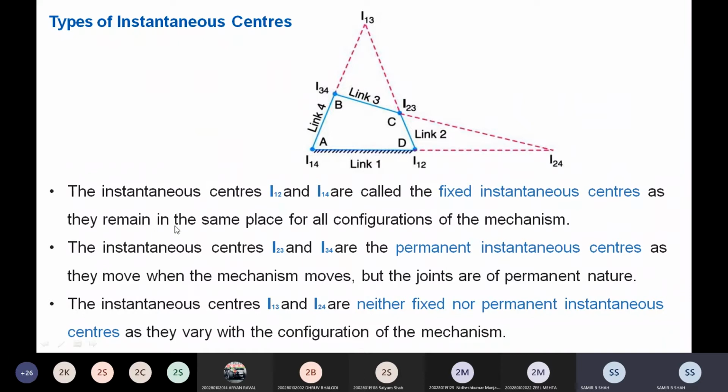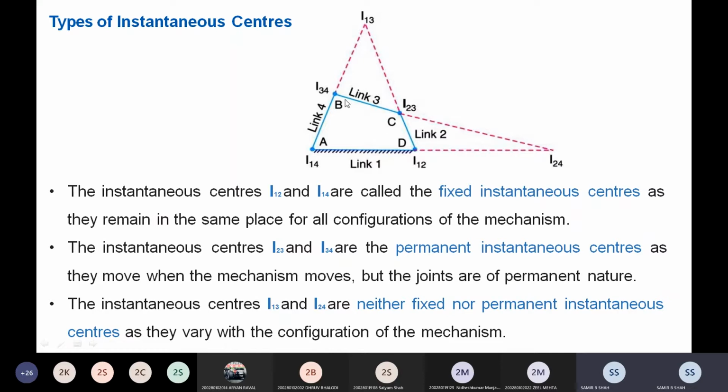When will they move? Definitely when the mechanism moves, at that time these both move, but the joints are permanent in nature. That's why it is known as a permanent I center. And the remaining two, that is I13 and I24, are neither fixed nor permanent I centers because they vary with the configuration of the mechanism.